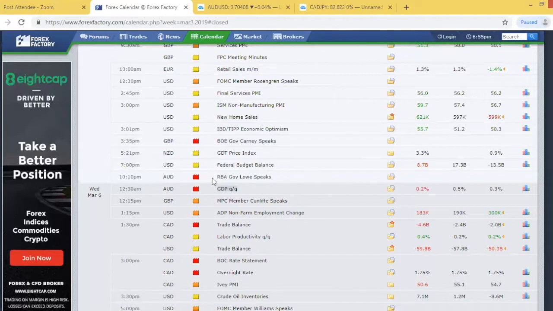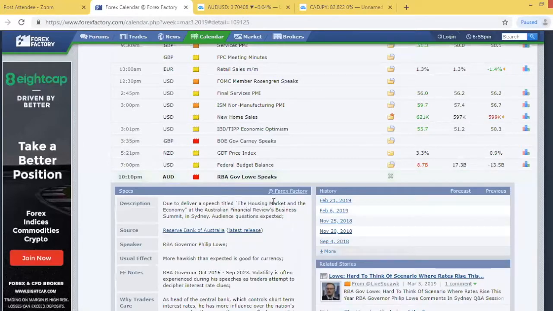And the reason we didn't see much volatility from Governor Lowe from the Reserve Bank of Australia, it's a central bank governor addressing the markets, so usually we do see that additional volatility. The reason that we didn't was because of the topic of the speech, the housing market and the economy.